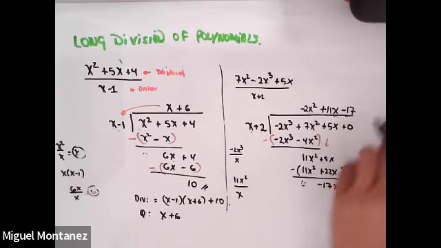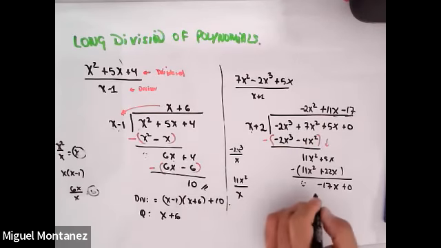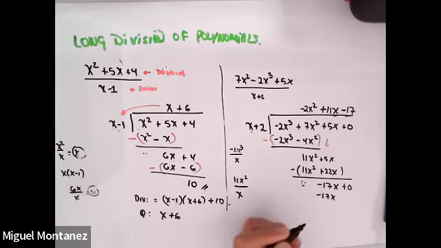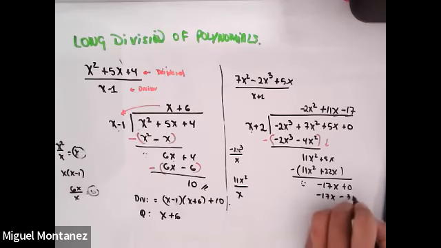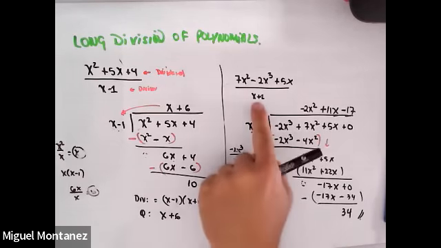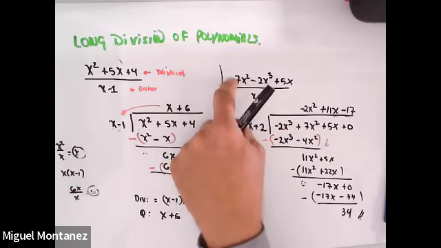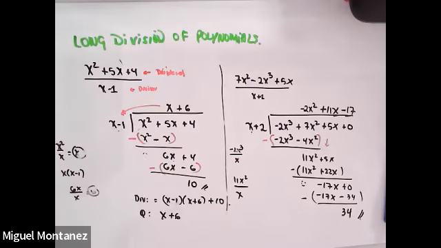And now you proceed to multiply: negative 17x, and negative 17 times 2 is negative 34. When we subtract, the remainder will be positive 34, and we are done. Of course, x plus 2 is not a factor of the dividend. Why not? Because the remainder is not 0.